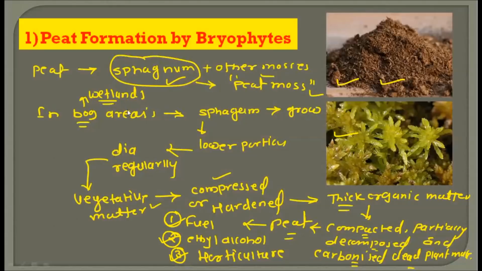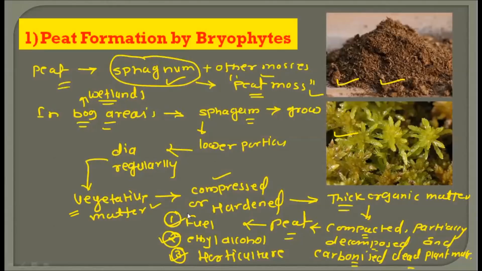So in the peat formation by the bryophytes, we have seen the peat is produced primarily by the sphagnum and the other mosses. That is why sphagnum is called the peat moss. And how this peat is formed, we have seen that in the wetland areas, sphagnum and the other mosses grow luxuriantly, and the lower portion of these sphagnum die regularly, and that is why they form the vegetative matter cover on the ground.